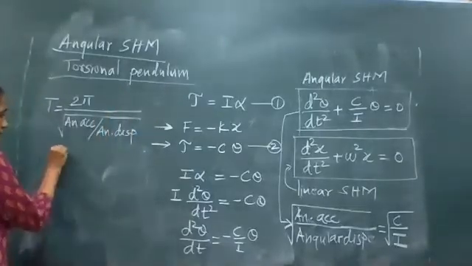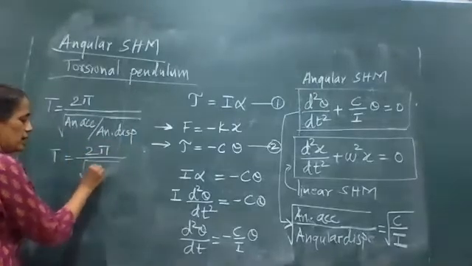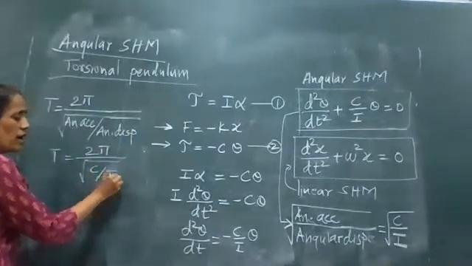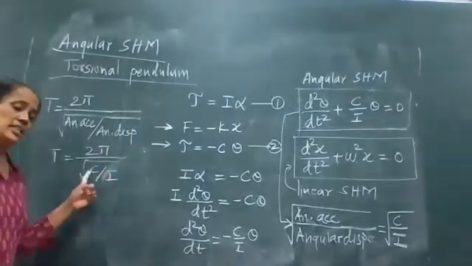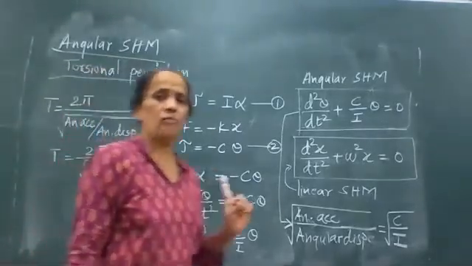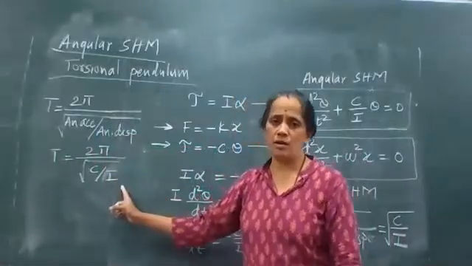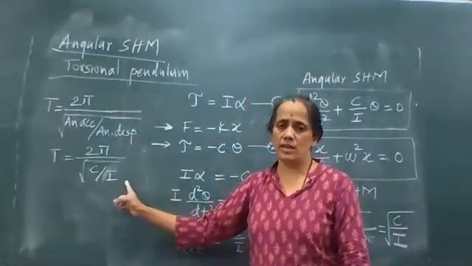So T is equal to 2 pi divided by under root of c upon I, where c is the torsional constant and I is the moment of inertia. So this is also one of the formulas for the period of angular oscillation.